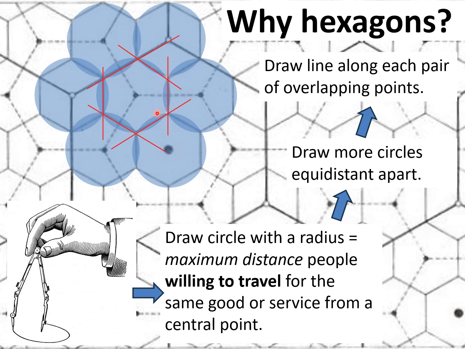And so if you look closely, this forms a hexagon, which is a little bit wonky because my circles aren't precisely laid. But you see how we can generate these hexagons from these circles, and that these circles in turn correspond to the range people are willing to travel to get something, let's say milk.